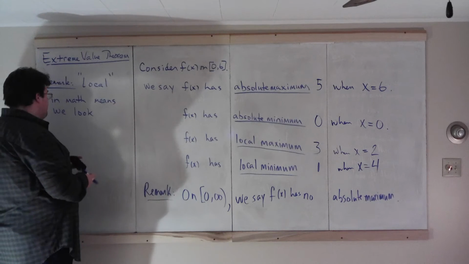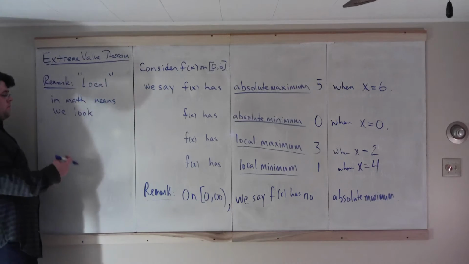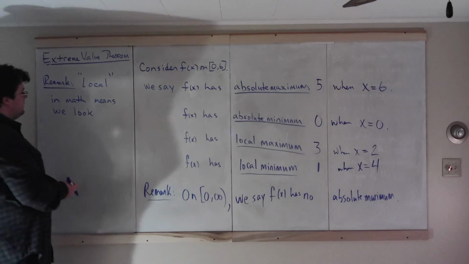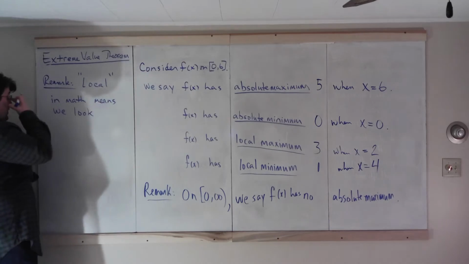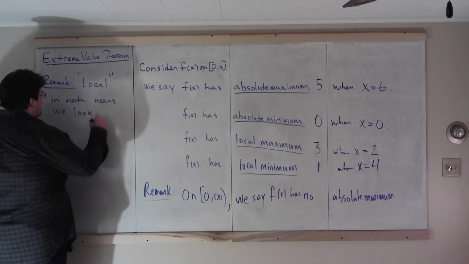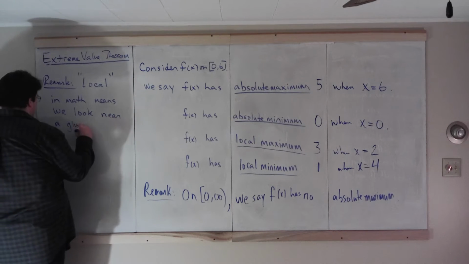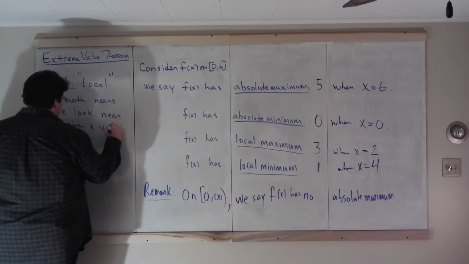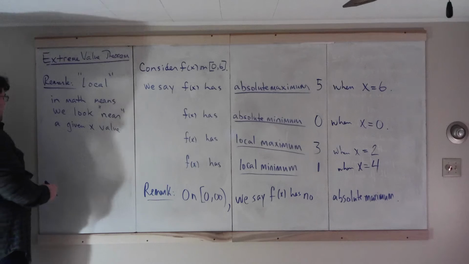Back in week 3 or 4, in one of the workshops, we did the more formal definition of the limit. Local technically uses that. I'm trying to phrase it in a way that goes around that. It means we look near a given x value. I'll put near in quotes because local and near kind of go together.